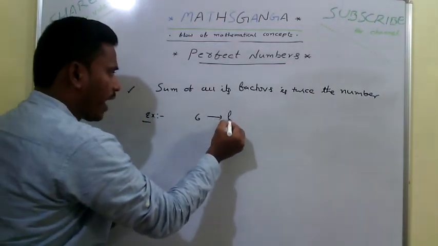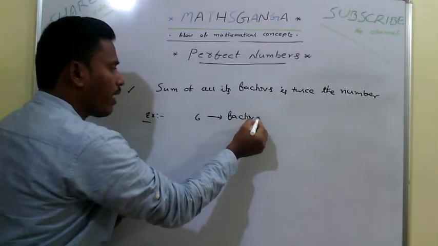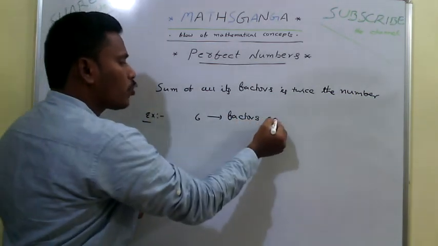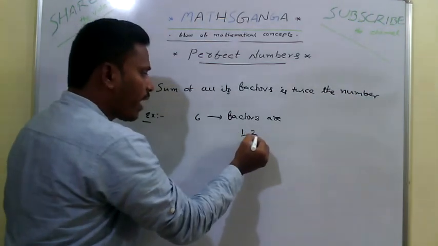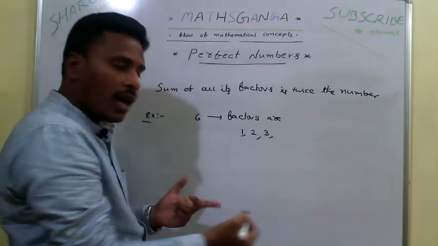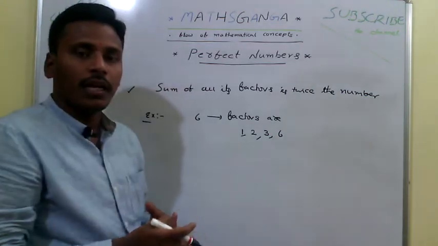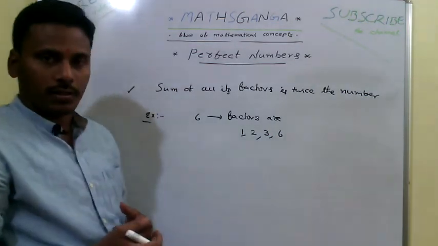What are the different factors of 6? Factors of 6 are 1, 2, 3, and 6. There are no other factors for 6.